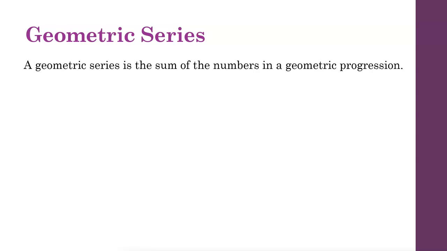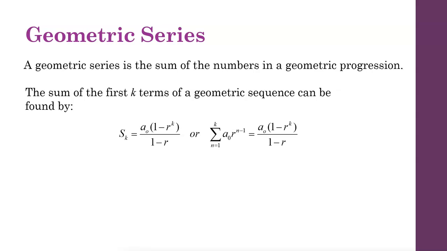A geometric series is the sum of the numbers in a geometric sequence. So if I just want to add some of those terms, this is the formula we would use. The sum of the first k terms of a geometric sequence can be found by taking a sub 0, which is our first term, multiplying it by 1 minus r to the k, and then dividing it by 1 minus r.